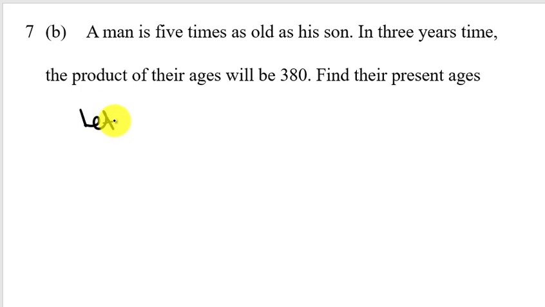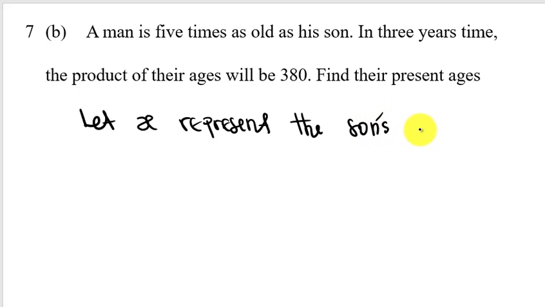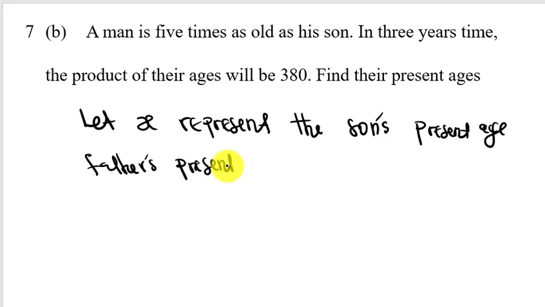So let's say x represents the son's present age. Therefore, the father's present age will be equal to 5x, because it says that a man is 5 times as old as his son.